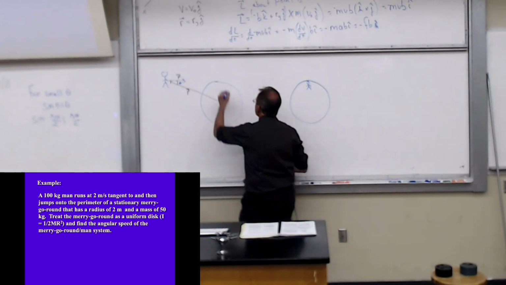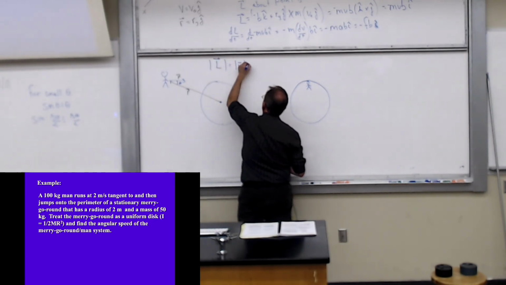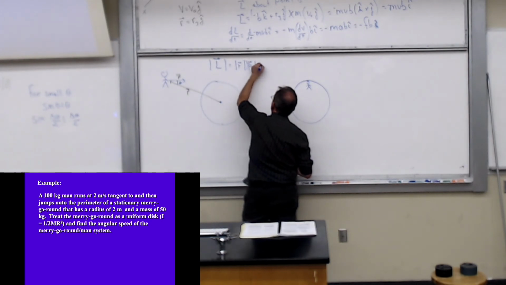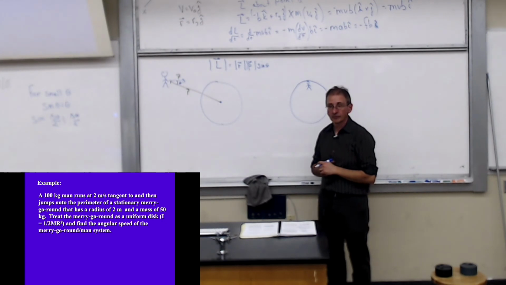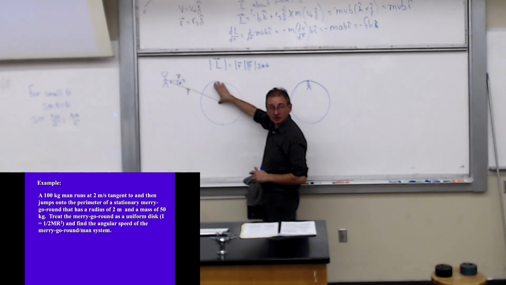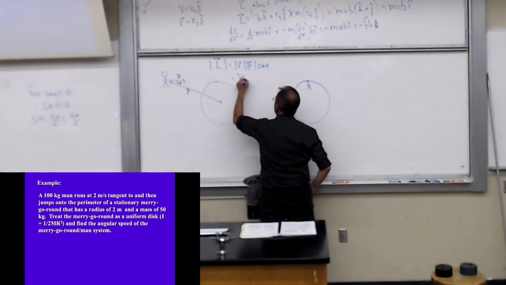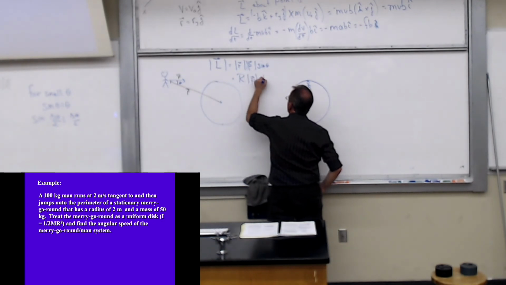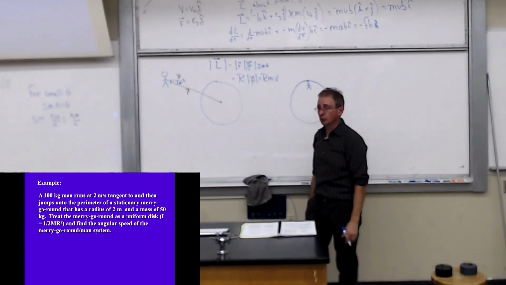All right, because L is going to be this. What's r sine of theta? It's the radius of the disk, right? It's opposite. So it's going to be the radius of the disk. And so L, that's the initial angular momentum of the system.